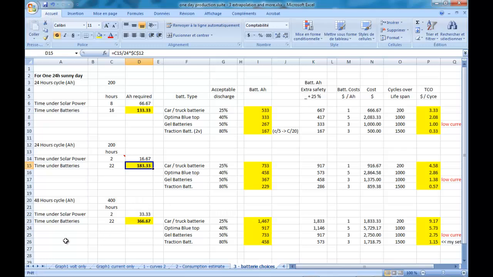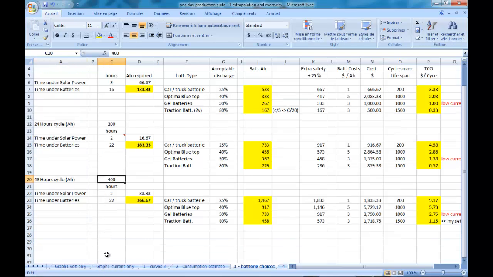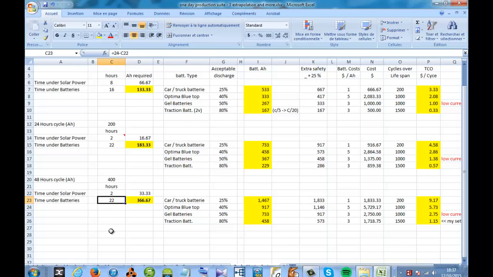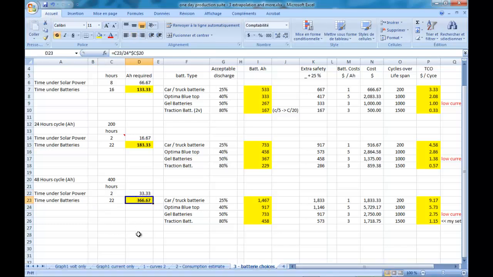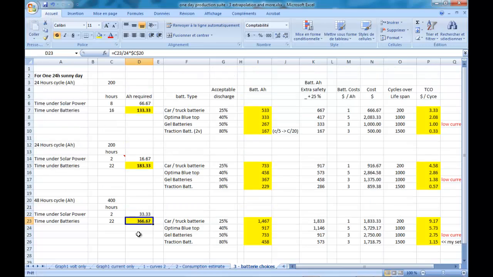Now imagine we got a bad scenario. We got 2 days without sun, and we need 400 ampere hours, and we only have 2 hours of sun and 20 hours of batteries, so we need 366.